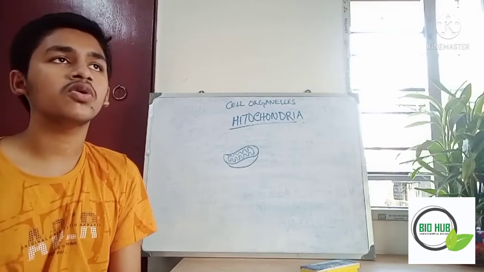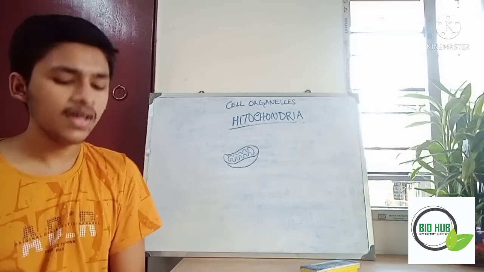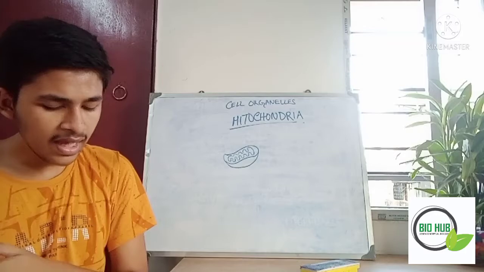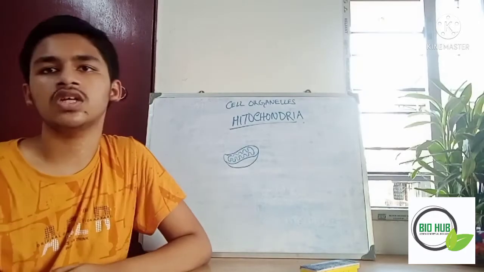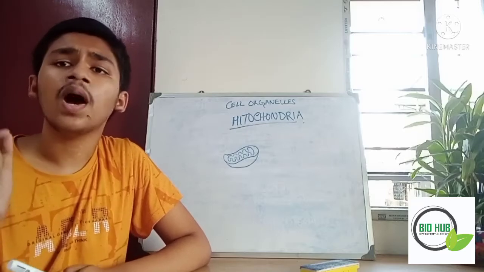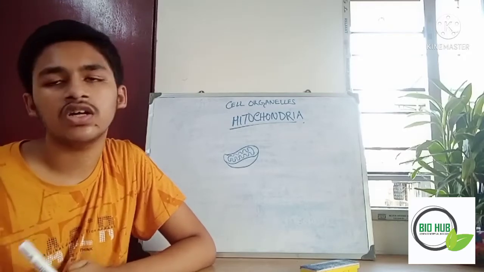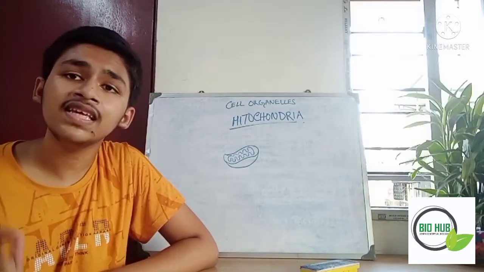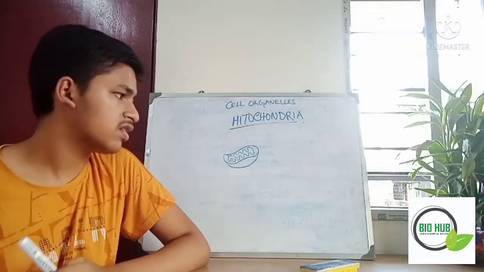this is the typical diagram of a mitochondria. Now, what does mitochondria do? Mitochondria are mainly the sites of respiration in a cell. It mainly helps in the respiration of the cell, and this is a very important function of mitochondria. It is even written in your book.